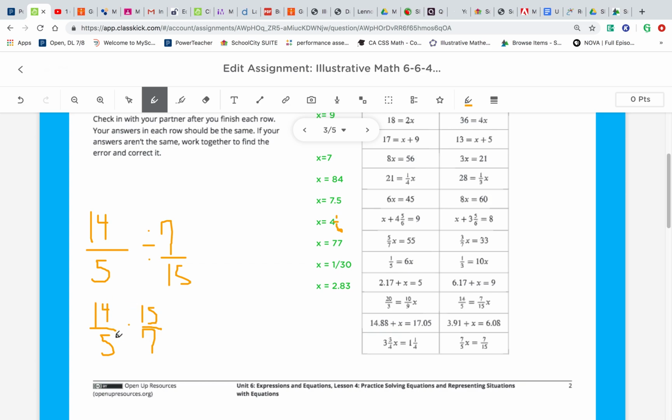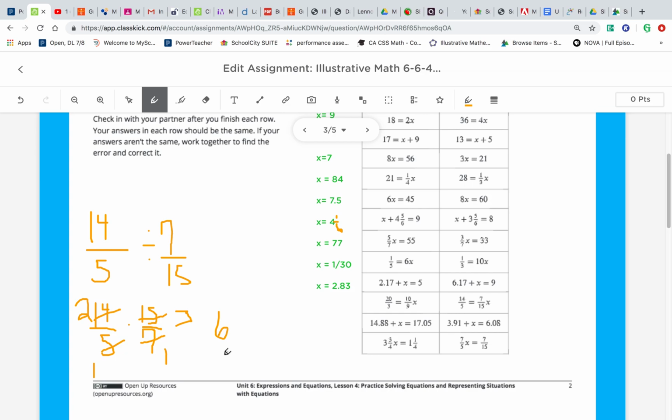I can see here 14 over 7, that's really the same thing as 2 over 1. And then we have 15 over 5. Well, that's really the same thing as 3 over 1. And so what we're really doing is 2 times 3, that's 6, over 1 times 1, which is 1.